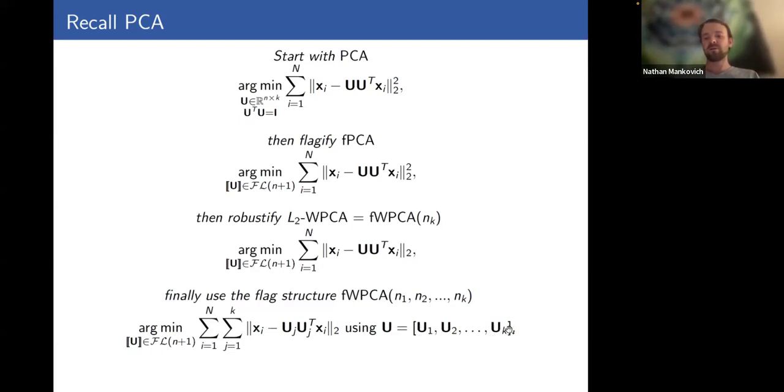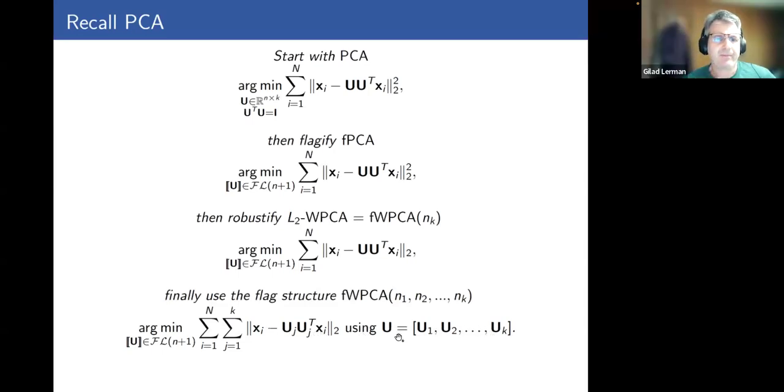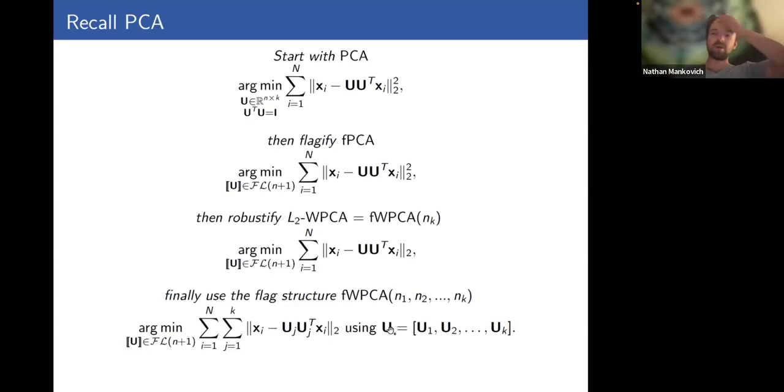That's what you're saying, right? If you permuted not the columns but these blocks, it's not going to change the objective function. So you're right, you're not getting something that's naturally nested.